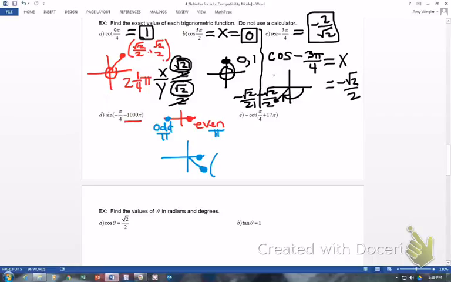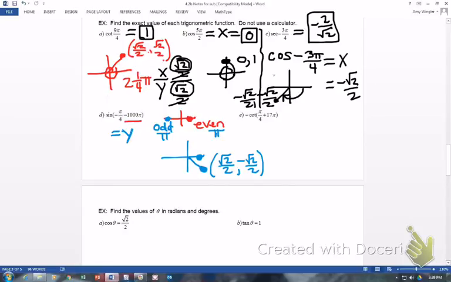Any denominator that ends in a 4 is going to have an x value of radical 2 over 2 and a y value of radical 2 over 2. But since this point is in quadrant 4, the y value is negative. So now you just have to look at the point and realize that sine is equal to the y value.